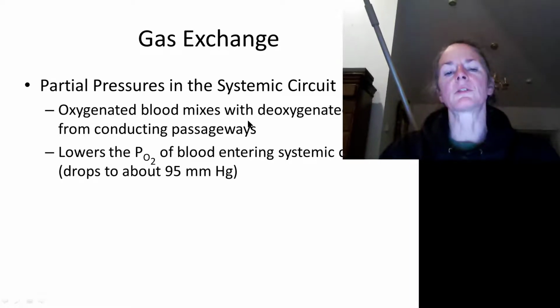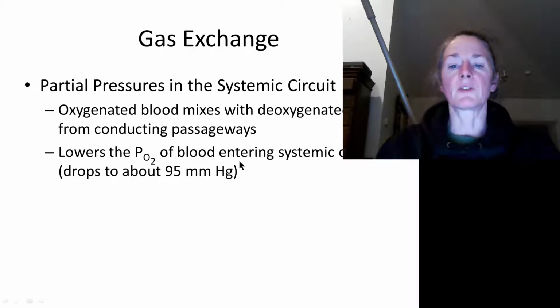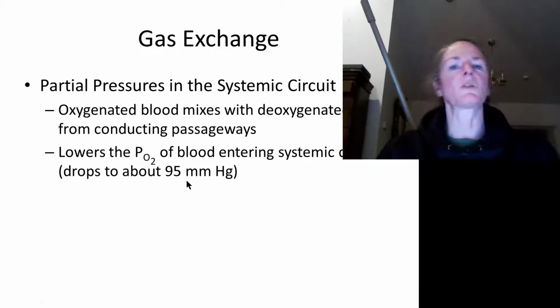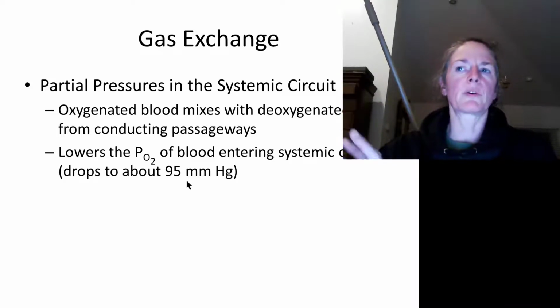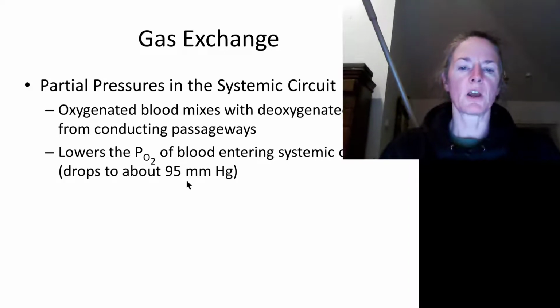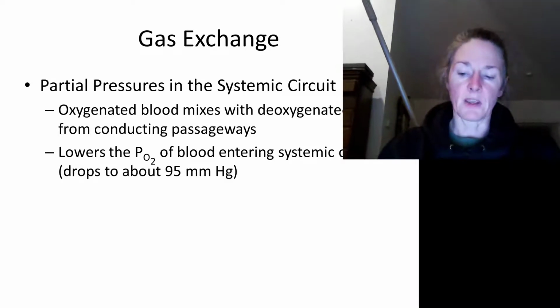So this is actually going to lower the partial pressure of oxygen of the blood entering the systemic circuit. So it's going to drop a little bit. But nevertheless, it's still going to be much, much higher than what we see in the cells. So the peripheral cells, the tissues, are still going to have much lower oxygen. So it's still going to provide a gradient that's strongly sufficient to move that oxygen into the cells.